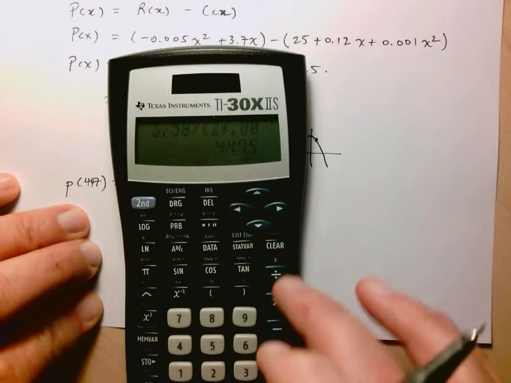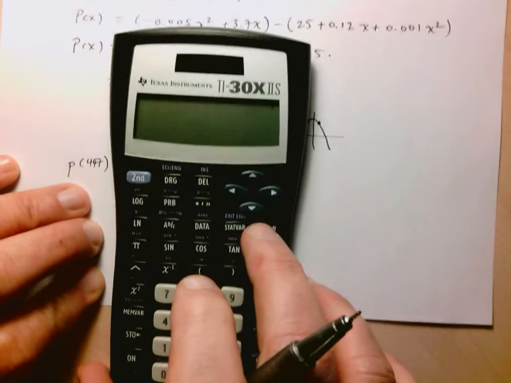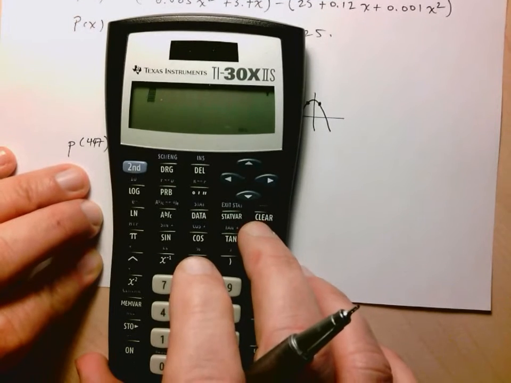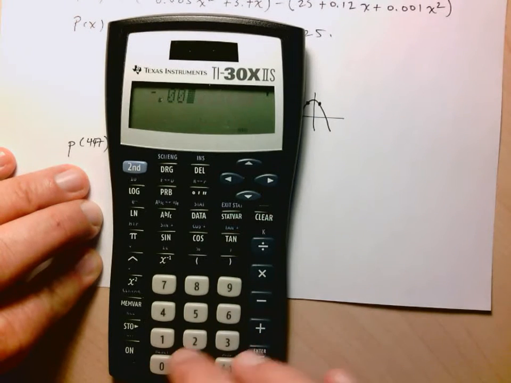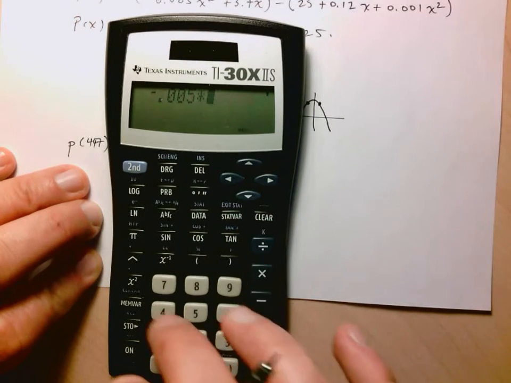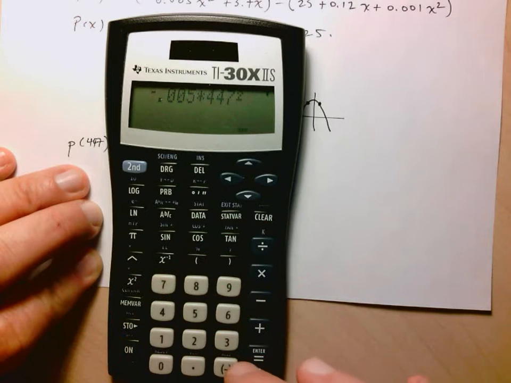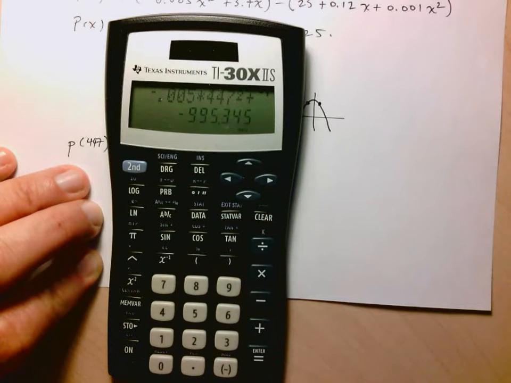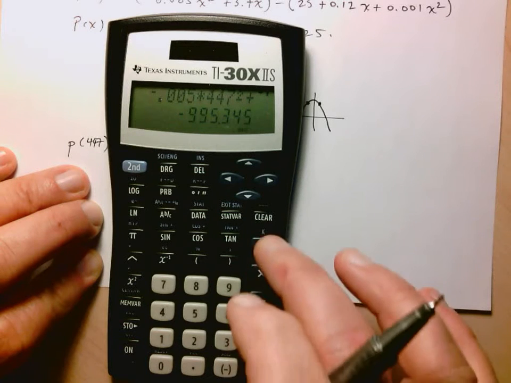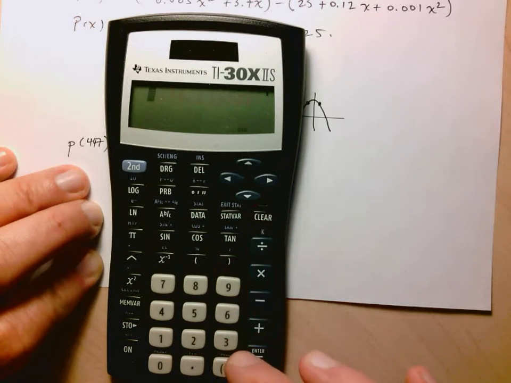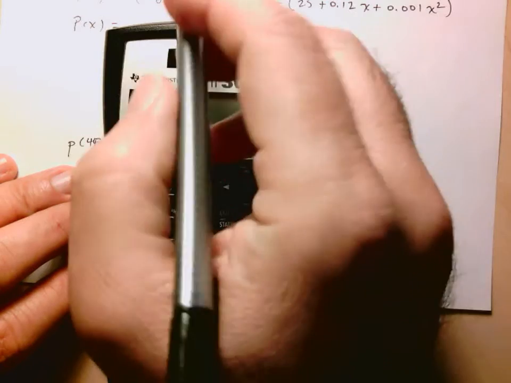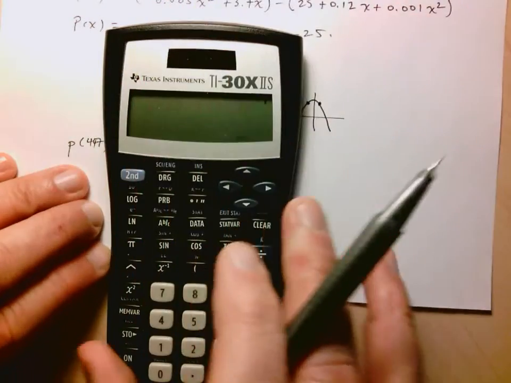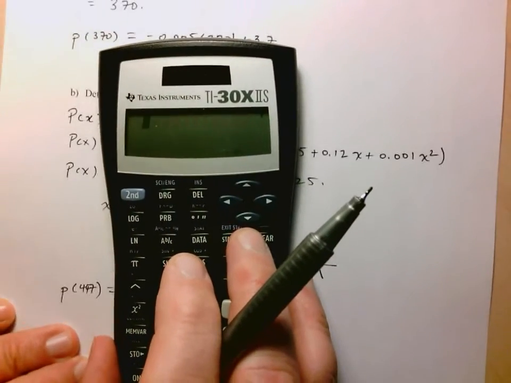So we have negative 0.005 times 447 squared, plus 3.7. Here we get, no, that seems off. I must have made a mistake. Oh, sorry, I just realized I put it into my revenue function. That would not be what I'm looking for.